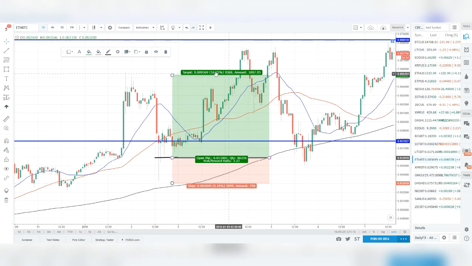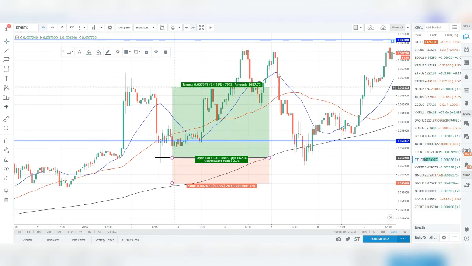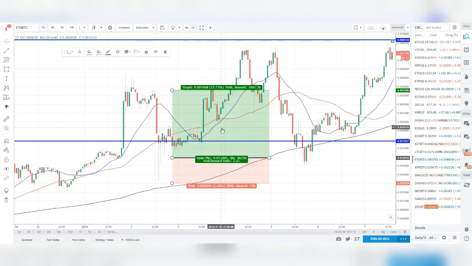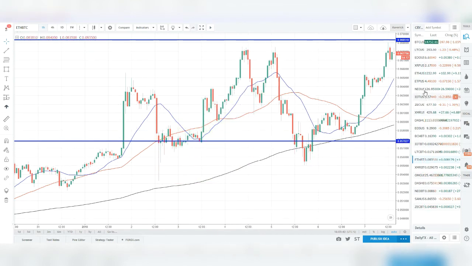And now that same target would have been a 3.2-to-1 win. We could even have had a 2.5-to-1 win on the prior swing high off of this retracement. And our entry could have been a much better entry down here on the 50% retracement of this candlestick pattern. So you can do that across the board on these.